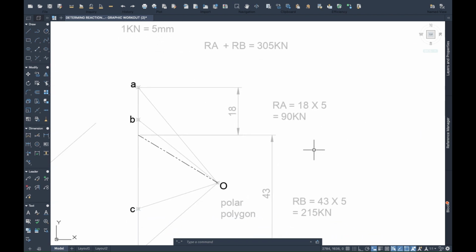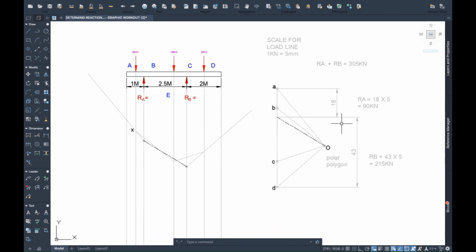So as is, 90 plus 215 gives us 305 kilonewtons. So this is how we solve for the reactions RA and RB, given that the reactions are not at the end of the beam. All right.